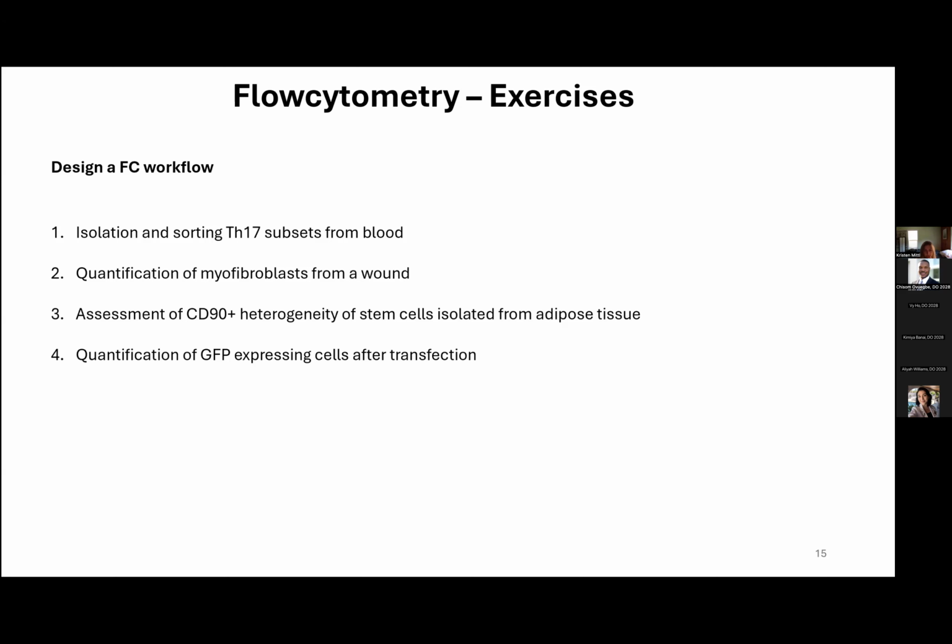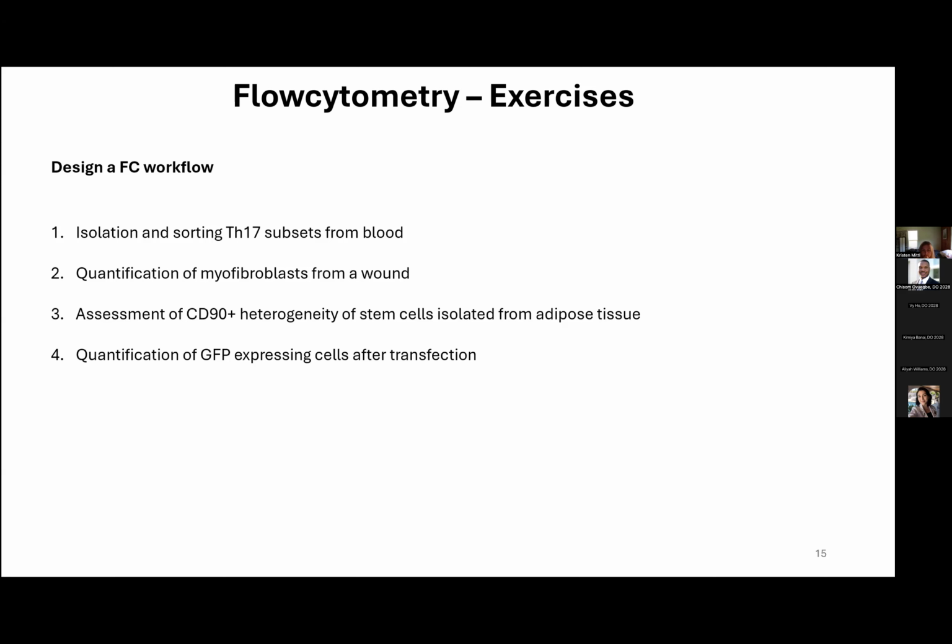Myofibroblasts are the cells associated with the resolution of a wound. If myofibroblasts are higher, that means the wound is more or less completing the healing process. The myofibroblast marker is alpha SMA, smooth muscle alpha actin, which is a cytoplasmic protein. Okay, so we're dealing with a cytoplasmic protein.